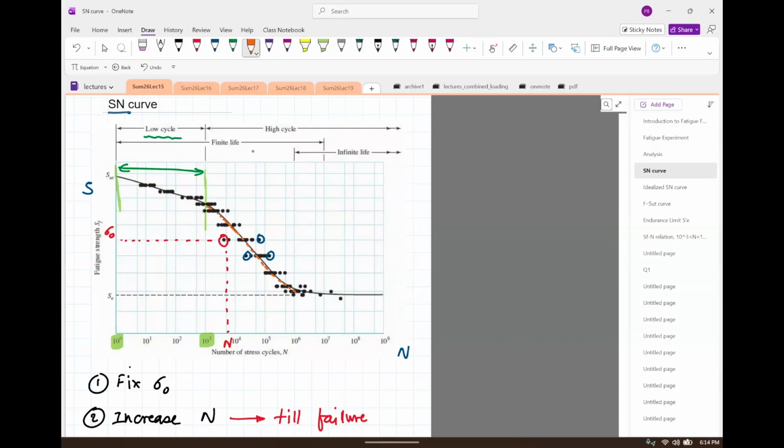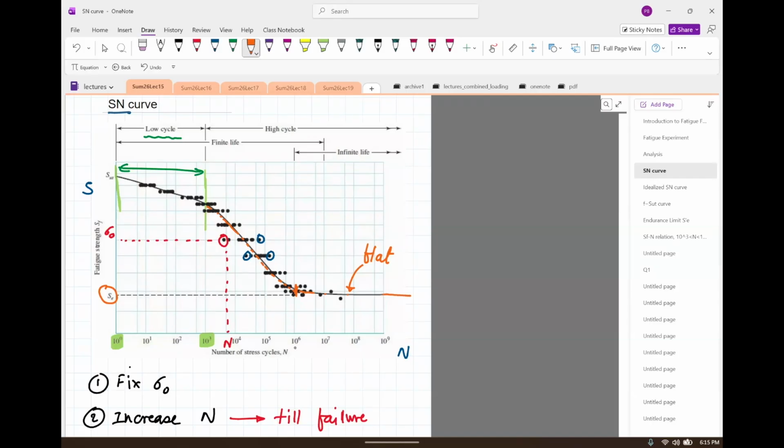And this part is defined as, well, it's not really high cycles, but there's a clear demarcation. And then from here, it's almost flat. This part is just flat. What it means is that at some strength, you'll see that the number of cycles goes to infinity. This will just keep going, right?